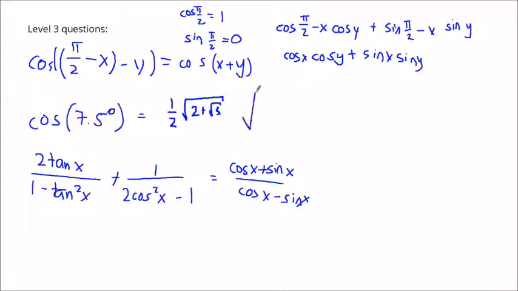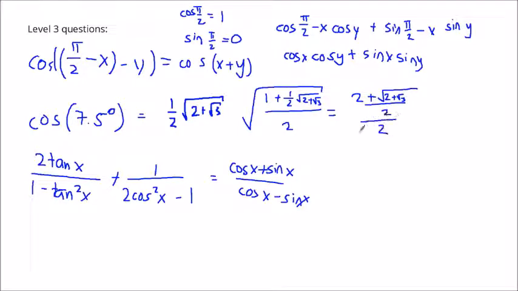So we'll have the square root now of 1 plus 1/2 square root of 2 plus square root of 3 over 2, which will give you 2 plus square root of 2 plus square root of 3 over 2 over 2.